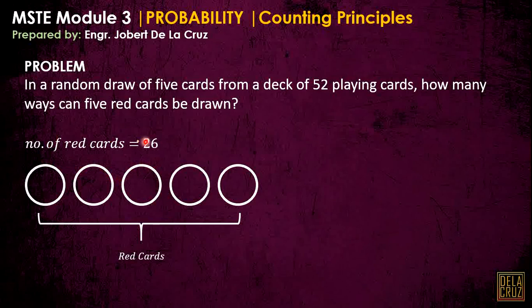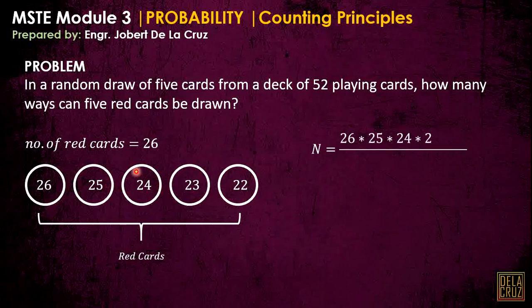So the number of red cards initially, okay, by manual solution muna. Here we have 26 possible ways. Of course, dito 25 na lang, 24, 23, and 22. Okay? Okay, by using that manual solution, we can just rewrite this as 26, multiply lahat. Then, i-divide natin sa redundancy. Okay, so take note, silang lahat is red cards.